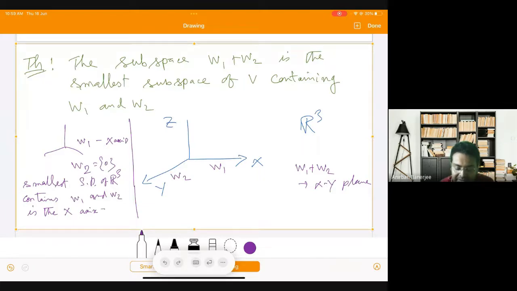And this x-axis is, on the other hand, W1 plus W2, right? So that's why W1 plus W2 will not only form a subspace, but it will be the smallest subspace of V containing both W1 and W2. Is the point clear?